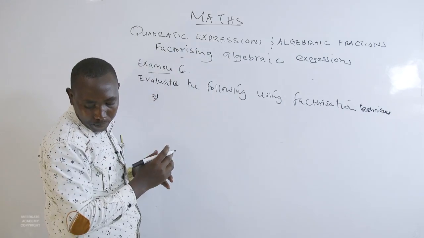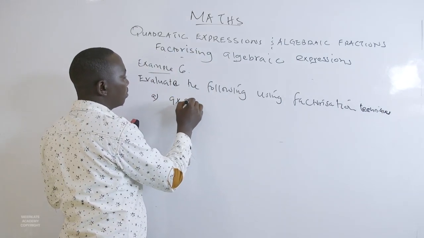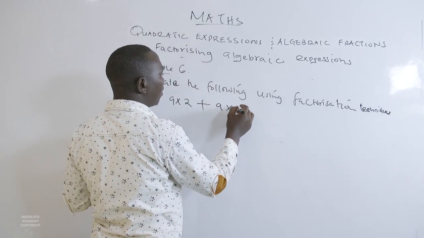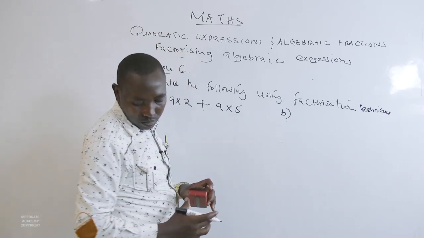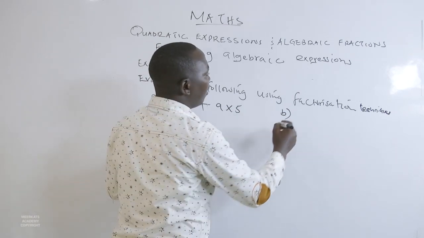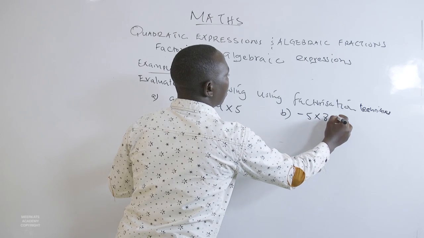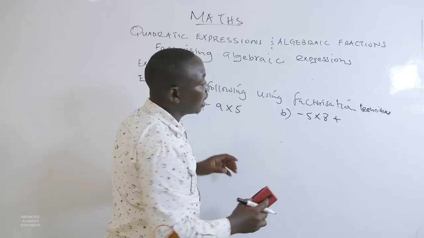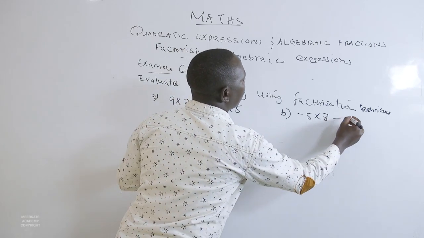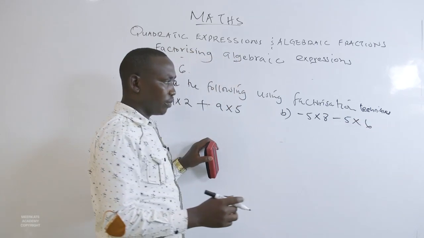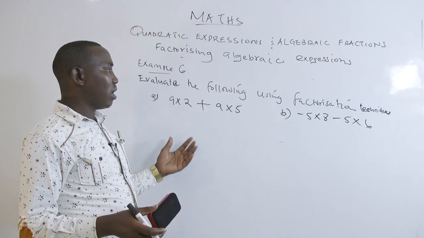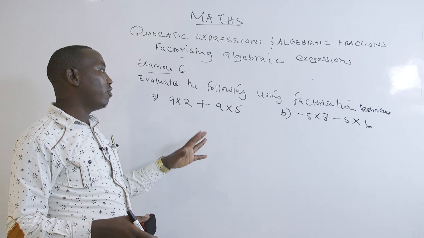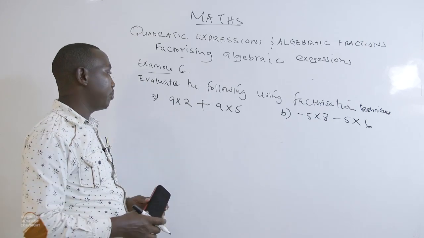Part A, we have 9 times 2 added to 9 times 5. Part B, negative 5 times 8 subtract 5 times 6. Let us try to apply the knowledge in factorization to solve these two questions.